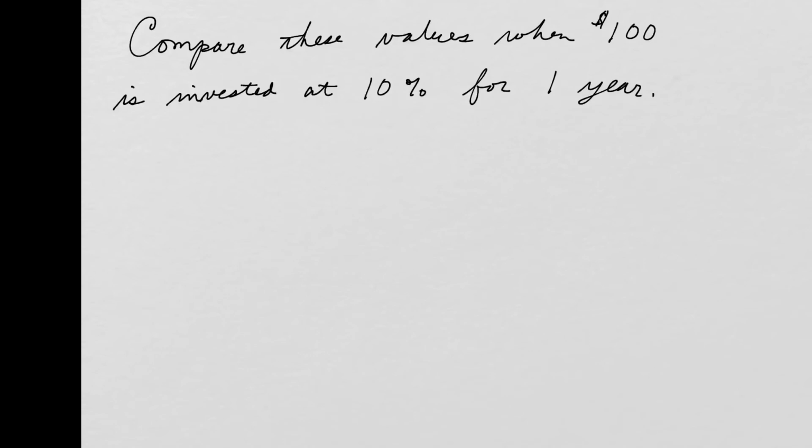So here, I want to make a little table. The first column will be the frequency of compounding. And then the second column is going to be the value after 1 year.